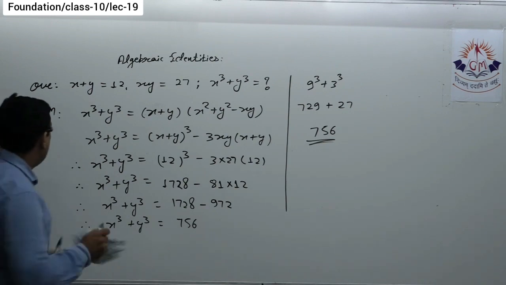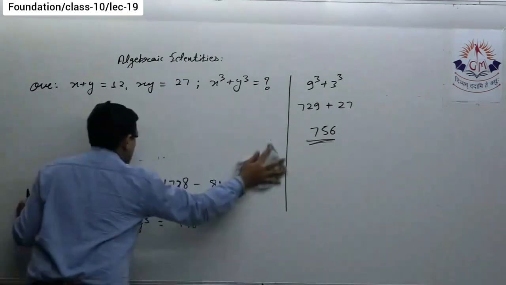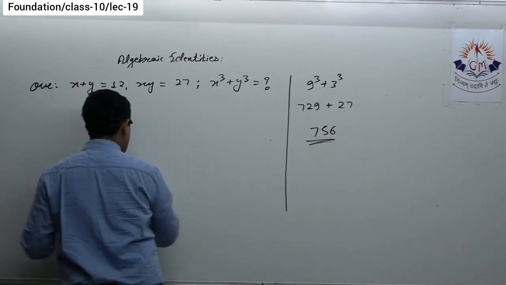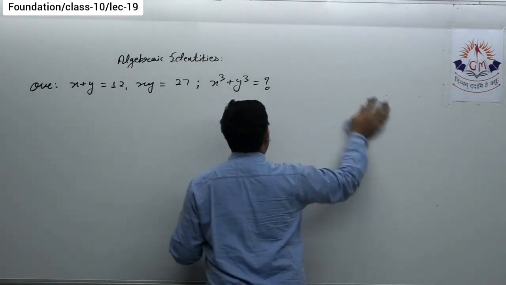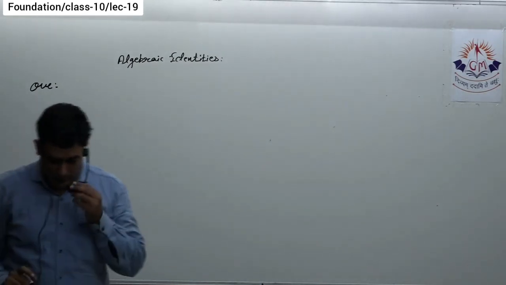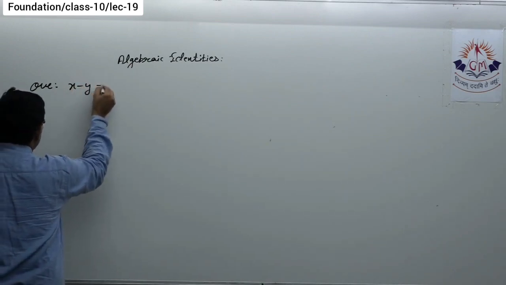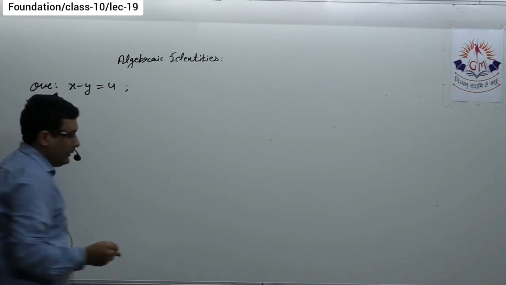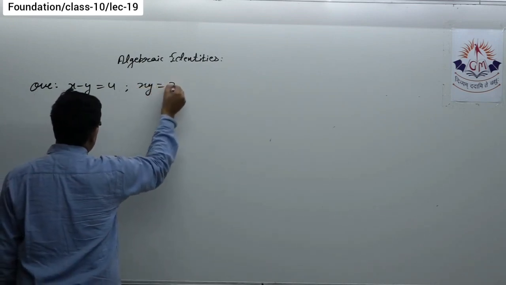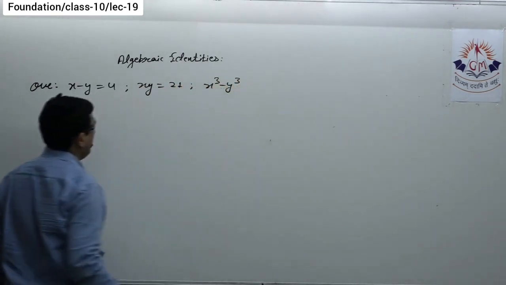Okay, now let us see the next question. The next question is, if x minus y is equal to 4 and x into y equal to 21, then find the value of x cube minus y cube.